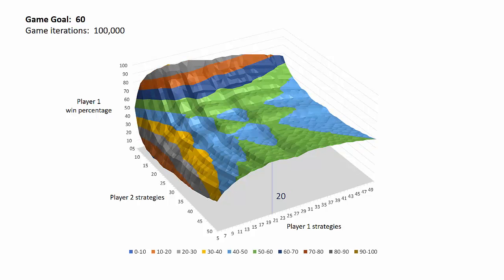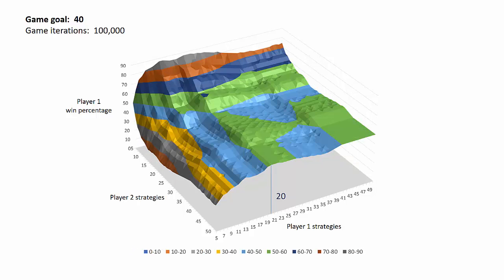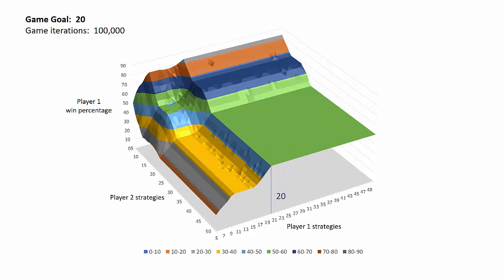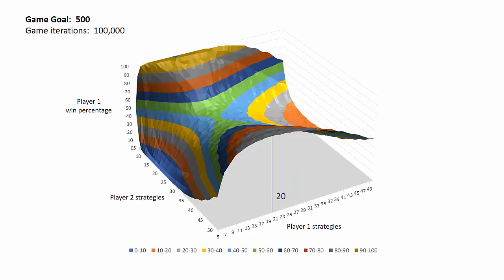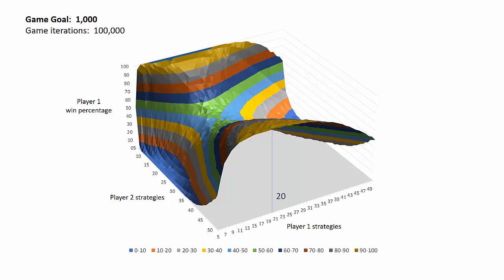A game goal of 60, a game goal of 40, a game goal of 20, a game goal of 500, and finally a game goal of 1,000. For each one of these graphs, the best overall constant strategy was 20.